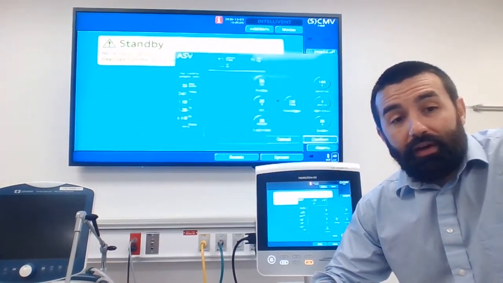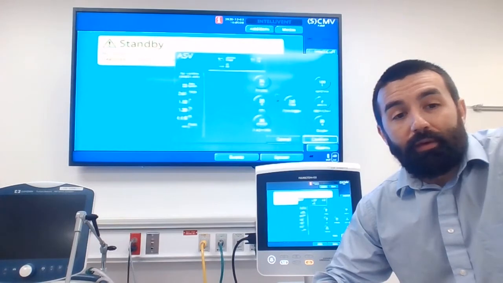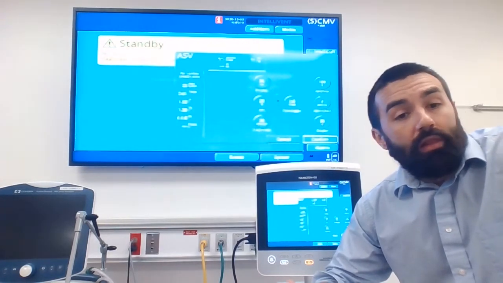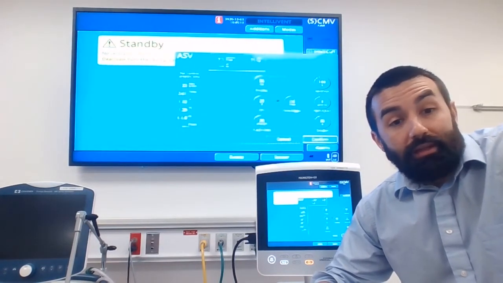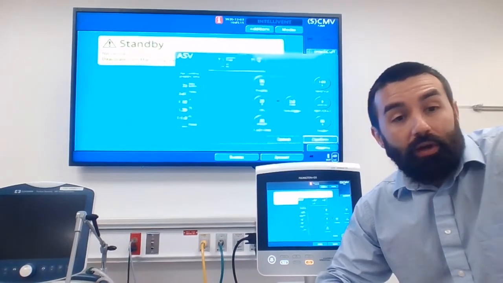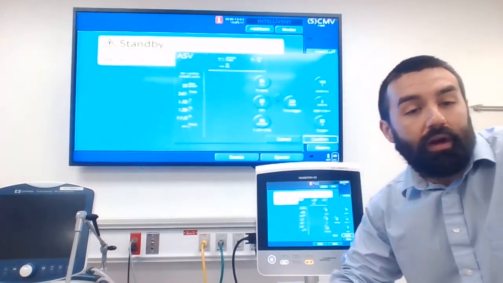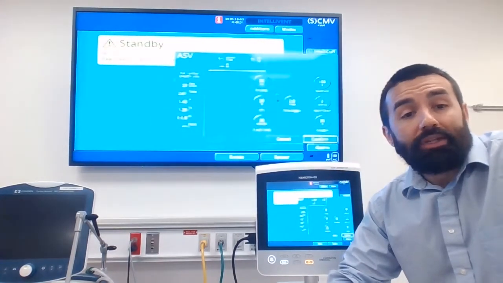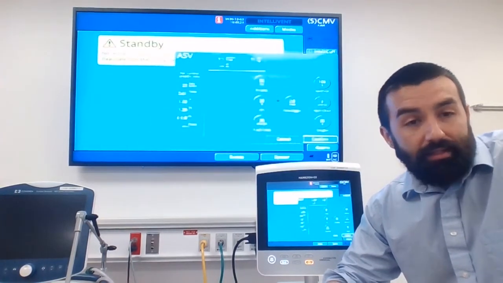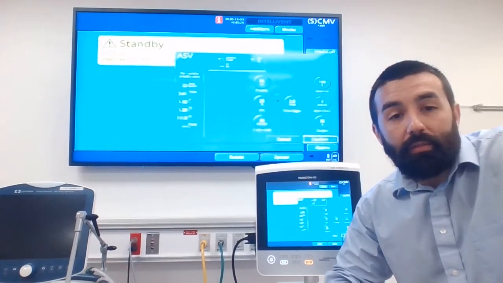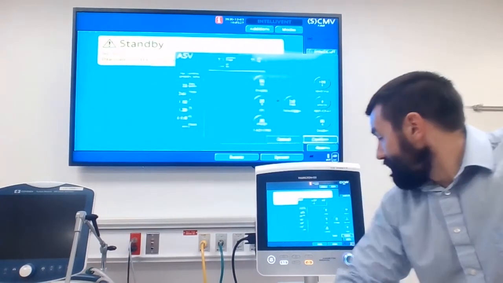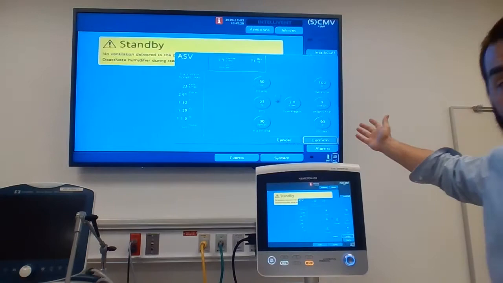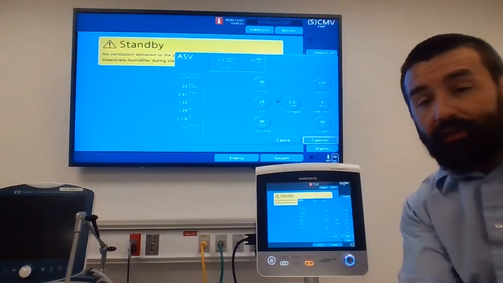There are a lot of different variables to set, and we have to be proficient at knowing a little bit about that patient's problems, or at least being able to look at the readouts and graphics and see what that patient's problem is. And we have to make adjustments based upon their compliance and resistance and these time constant things that we talked about in class. With ASV, we don't have that abundance of things to choose from.